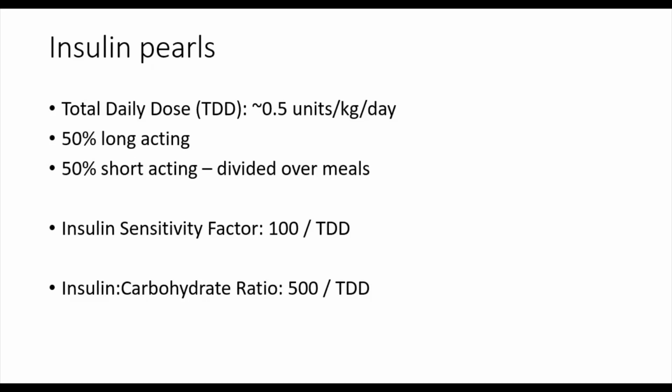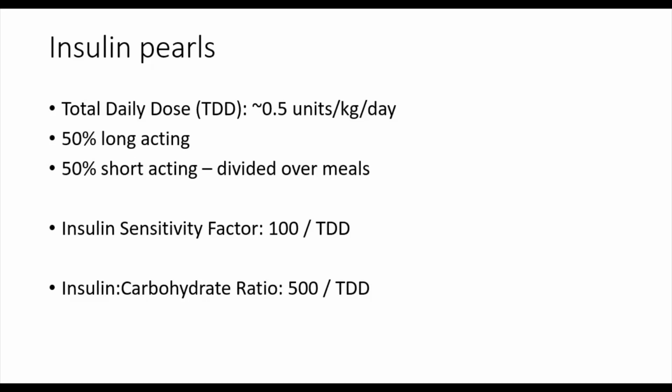So as a very simple example, say you have a patient who has type 1 diabetes who weighs about 60 kilograms and has a total daily dose of about 30 units. Their insulin to carbohydrate ratio is 500 divided by 30, which is 16.667, or roughly 15.